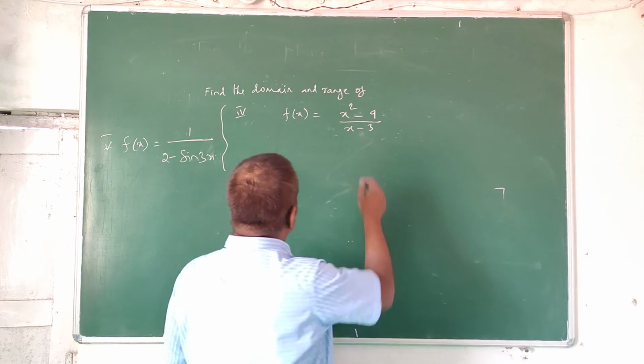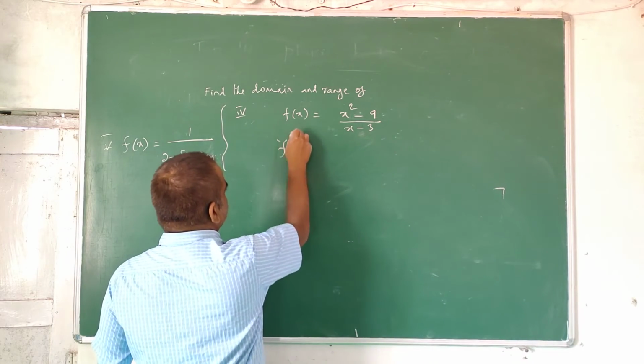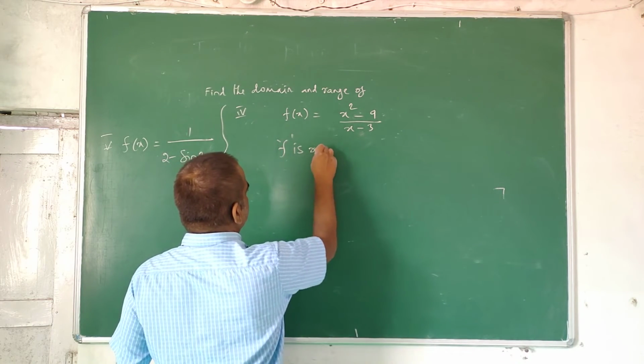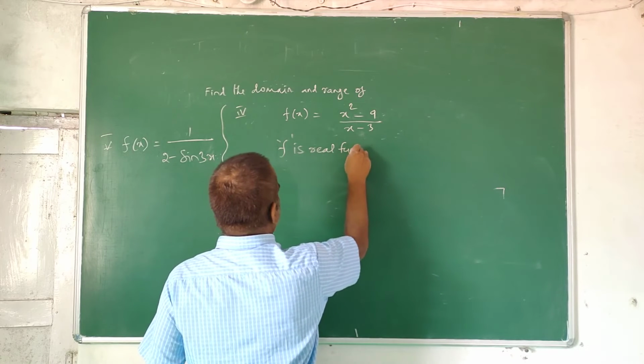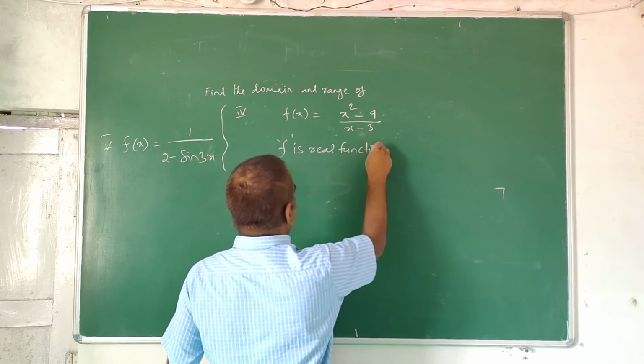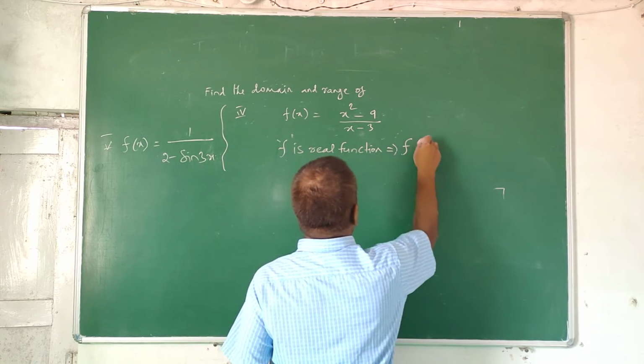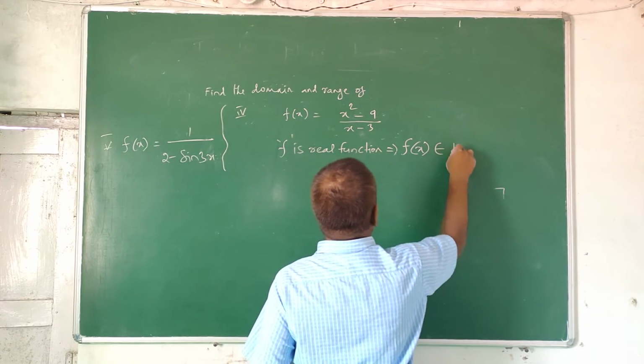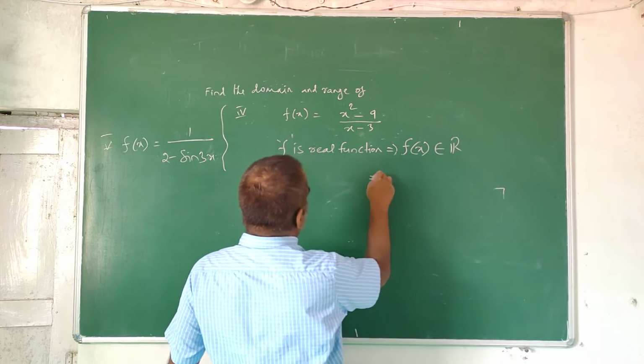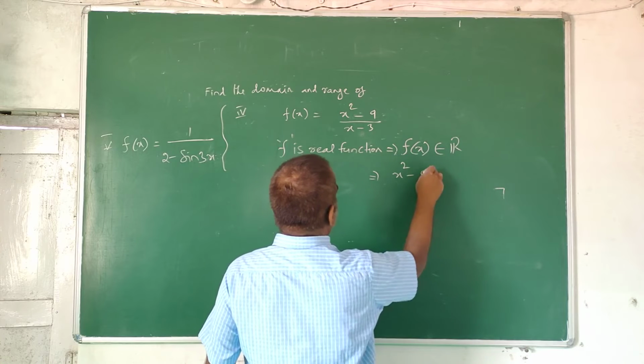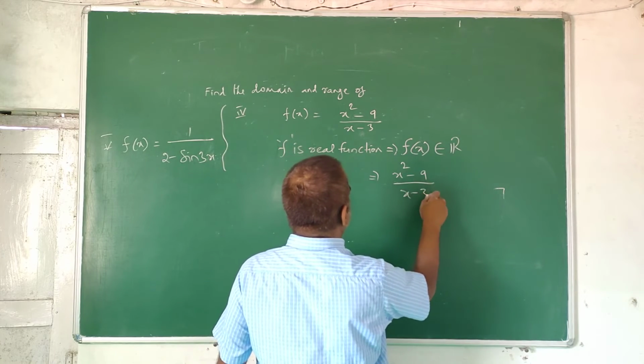Now f is a real function, which implies f of x belongs to R, which implies x square minus 9 by x minus 3 belongs to R.